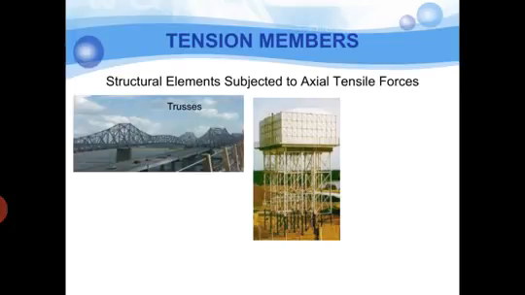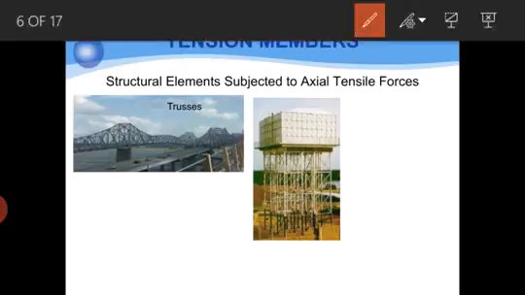Even for a water tank staging, some members, that is the bracing cross members, could be subjected to tension, so those members are to be designed as tensile members. In a truss, some of the inner members are subjected to tension, hence they are designed as tensile members.